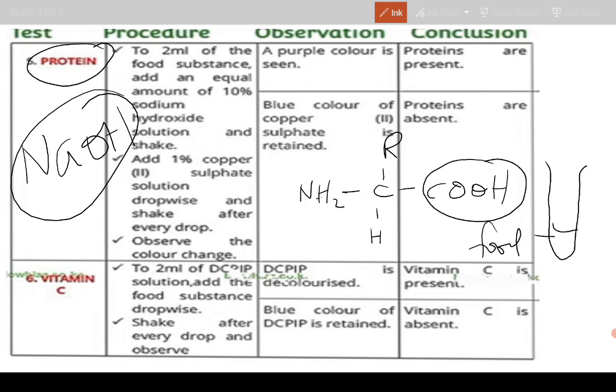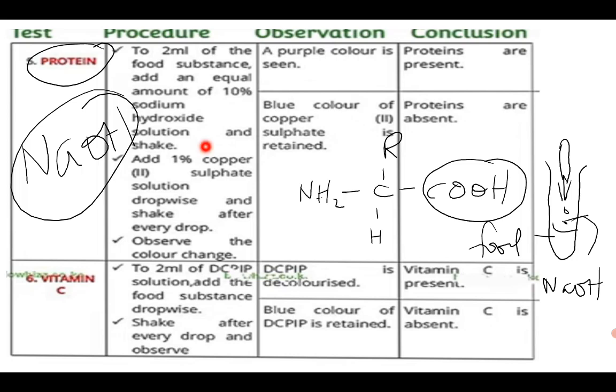You have a food sample, and then to this you add the sodium hydroxide. All right. So then you shake the mixture. Then you add in 1% copper sulfate. So you add 1% copper sulfate drop-wise and shake after every drop. Then you observe color change.